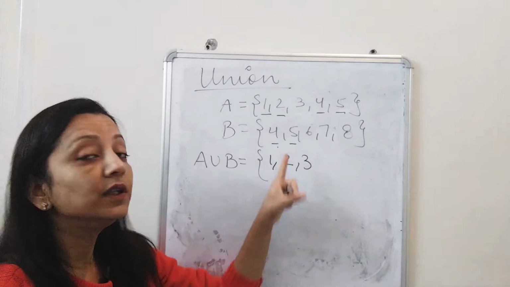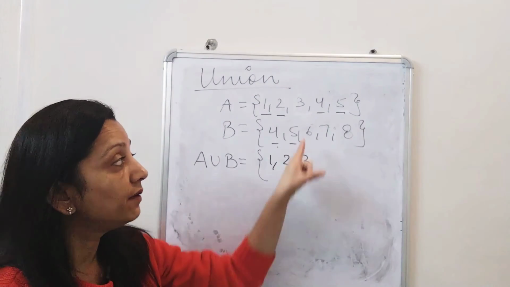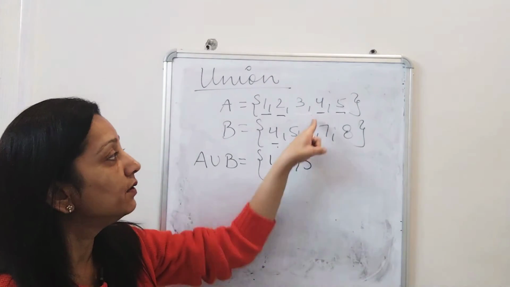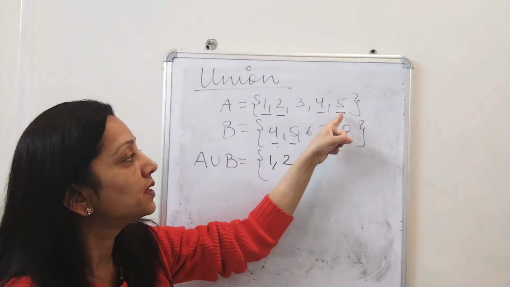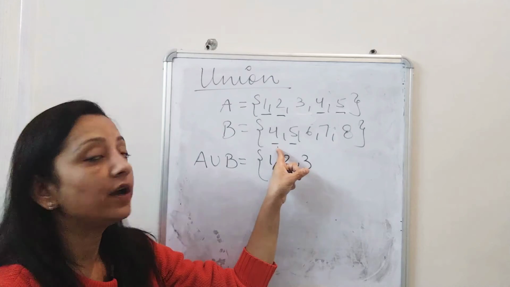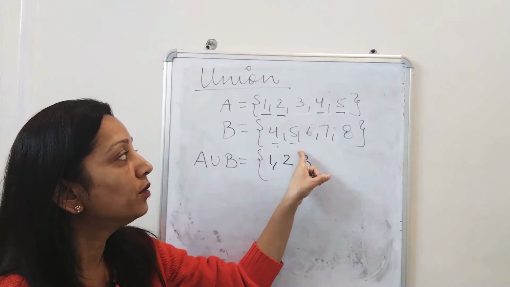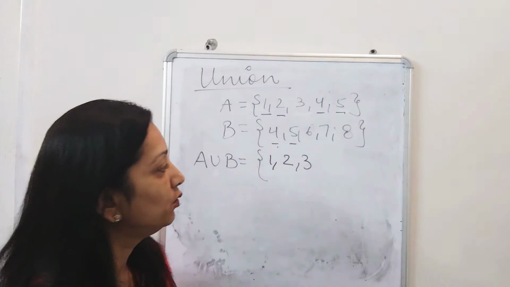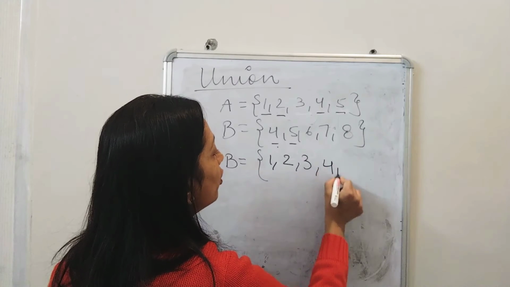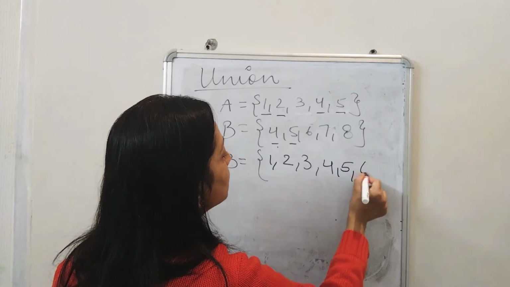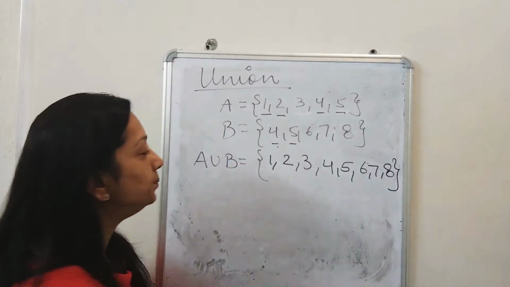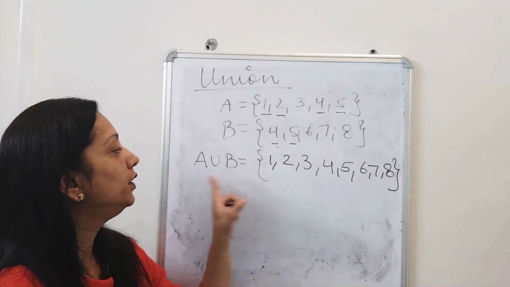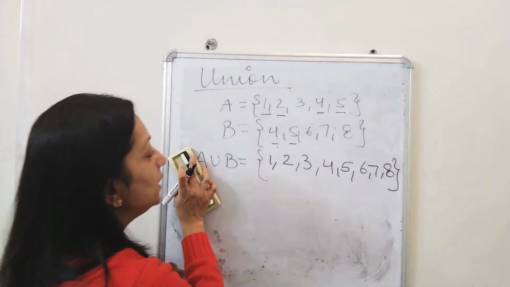Since they are common, even they will be copied, but they will not be repeated twice. They will be written just once. If 4 and 5 are present in A and also in B, that does not mean you will write 4 and 5 twice. You will write them just once. So 4, 5, then elements of B which are 6, 7, 8. So this is the set after the union of two sets A and B.